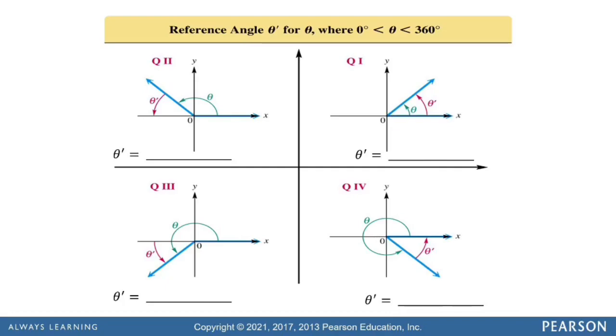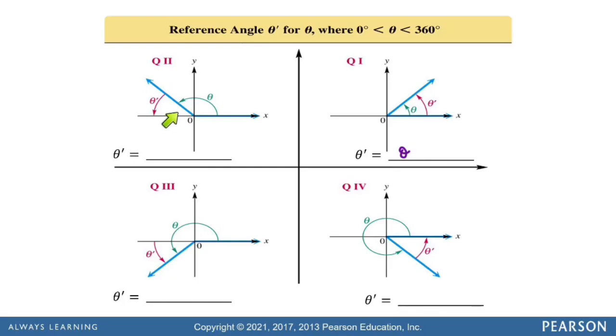And if we remember that the reference angle has to be between the terminal side of the angle and the nearest horizontal axis, then we can see that the reference angle is exactly the same as theta. So in this case, our reference angle theta prime is equal to theta. It doesn't really get any easier than that, does it?